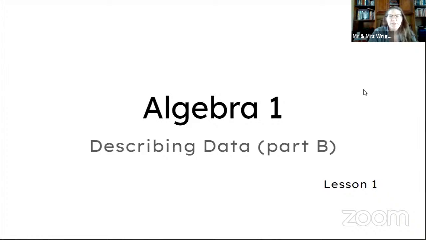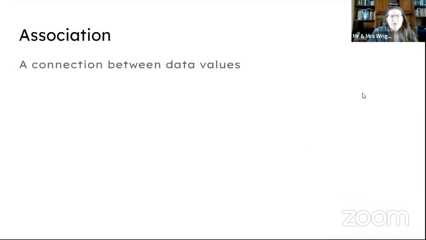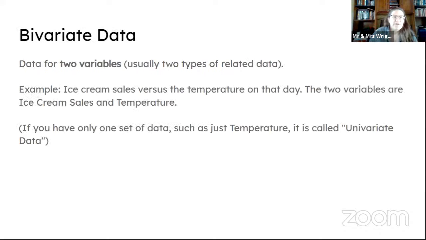And it's still going to be about statistics. So here we go. Association. What is association? It's a connection between two data values. So when two things are connected. Bivariate data is when two variables are related.